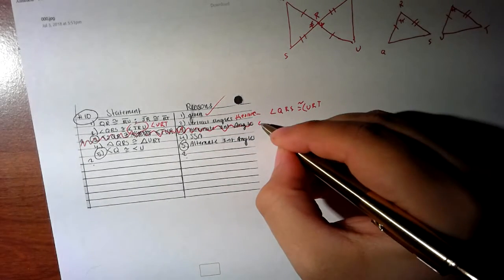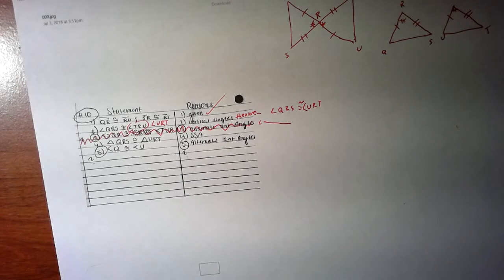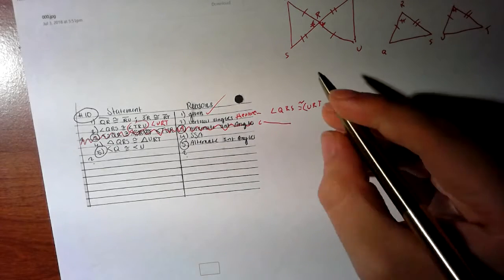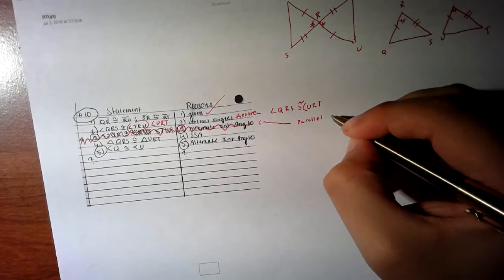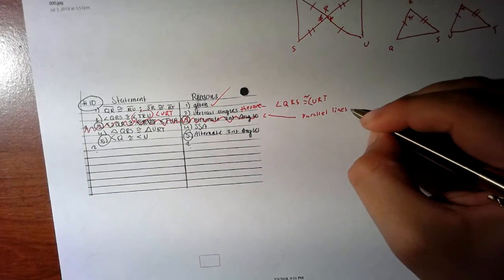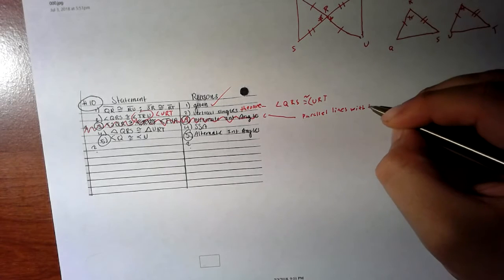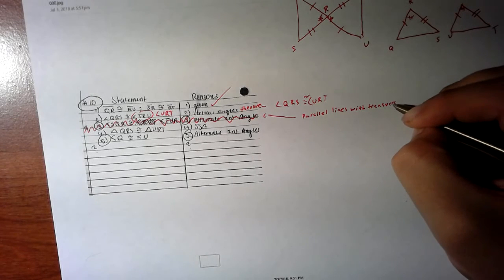Alternate interior angles are only used when we have parallel lines with a transversal. Nowhere in the given statements do we have any of that.